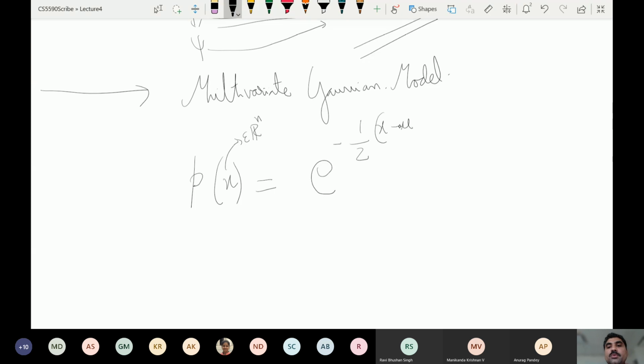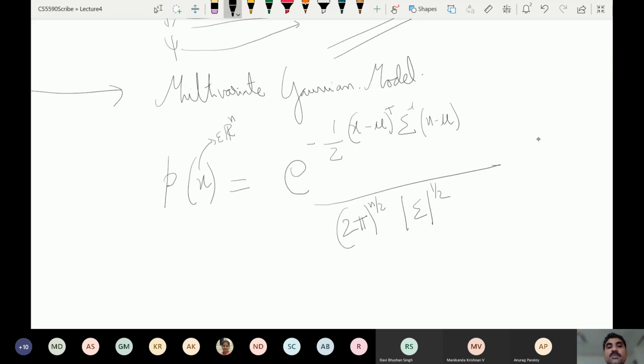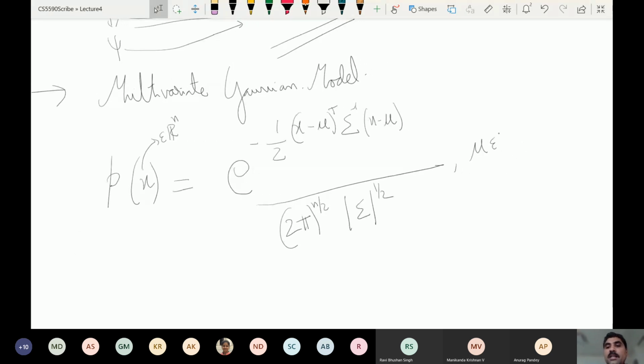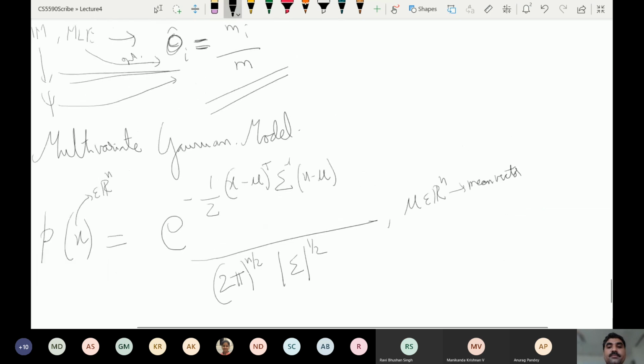This formula holds for all x in Rn, and mu is any vector. It's called the mean vector. Basically, it's the vector of all expectations.